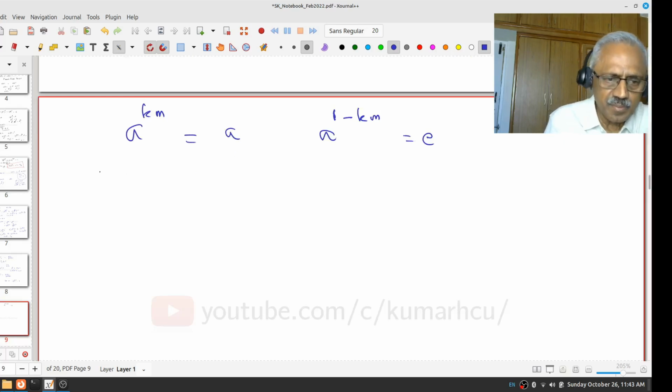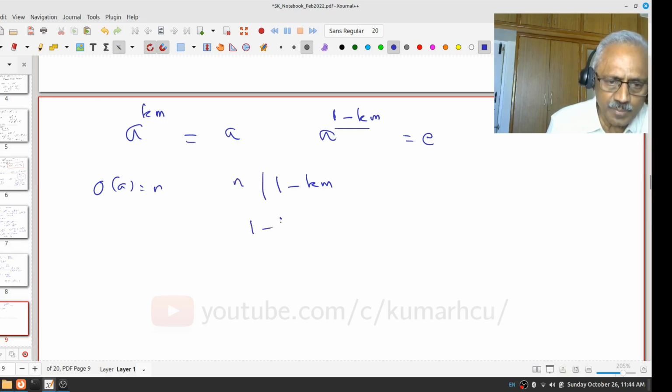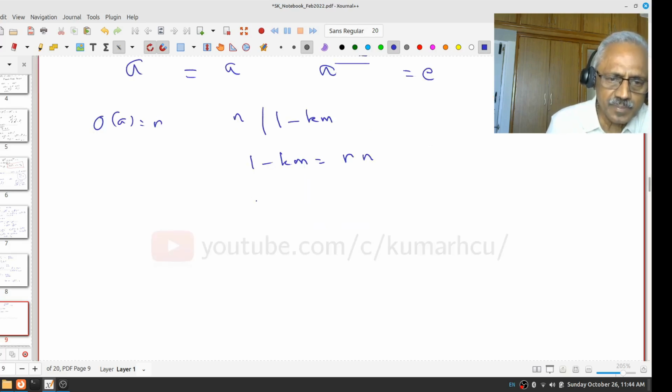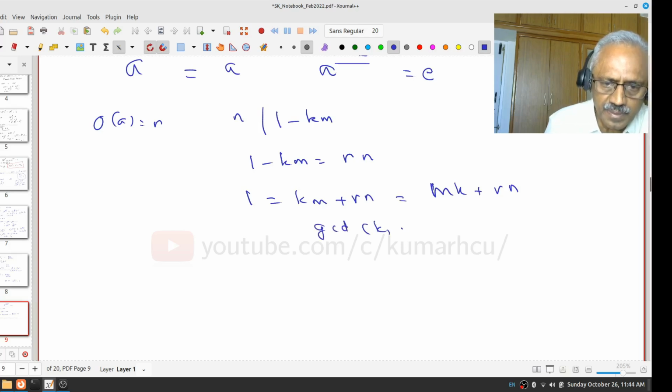Now remember, order of a is n and a to the power some integer is equal to identity, then we know 1 minus km should be divisible by n. Therefore 1 minus km should be a multiple of, let us say, r times n. That means 1 equals km plus rn. That means GCD of k and n is 1.